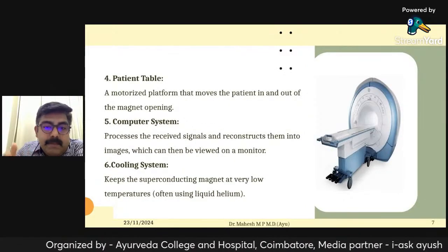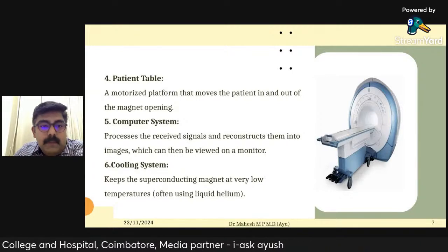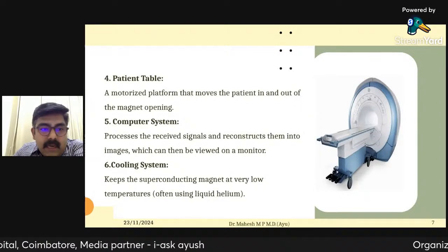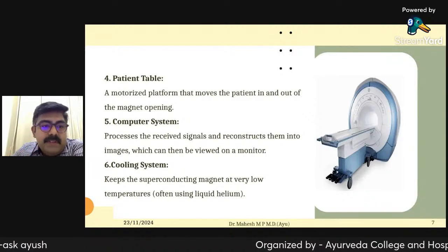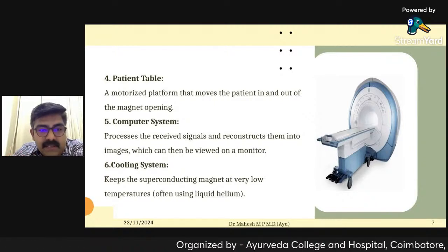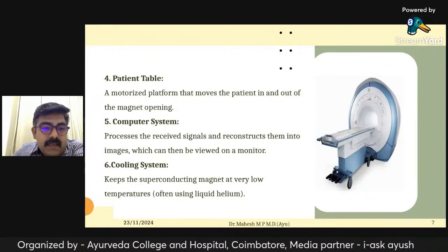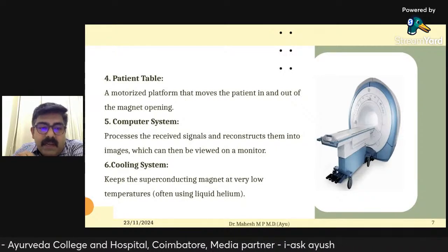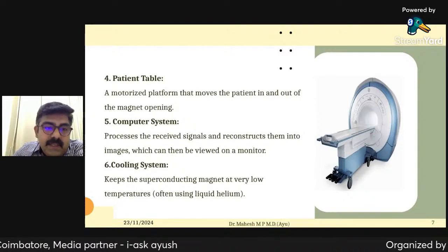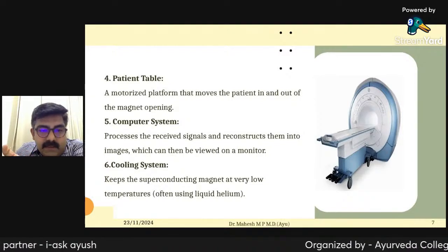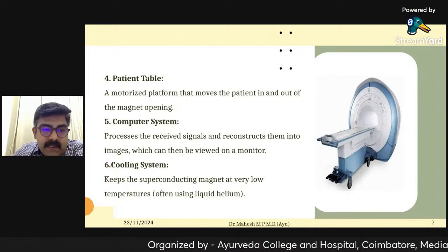Coming to the table, there is a patient table, a motorized platform that moves the patient in and out of the magnetic opening. It is associated with a computer system that processes and receives the signals and reconstructs them into images, which can be viewed on a monitor, according to the positions and planes, and used for diagnostic purposes.